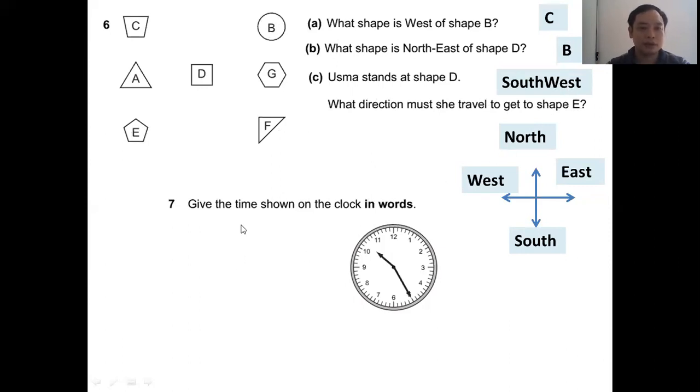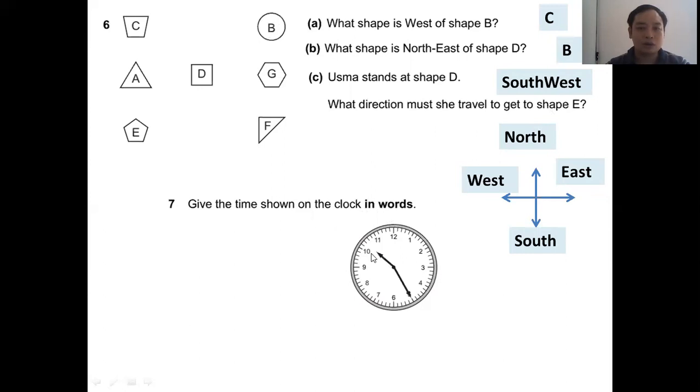Question 7. Give the time shown on the clock in words. Now, this is the time. The important thing is that you have to write in words. To read the time, first you have to know the short hand is for hour, the long hand is for minute.